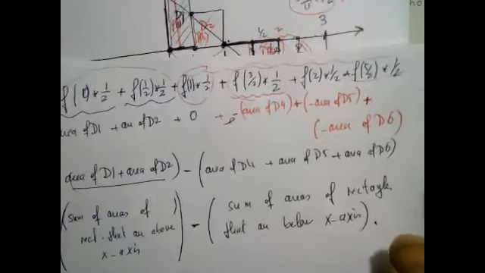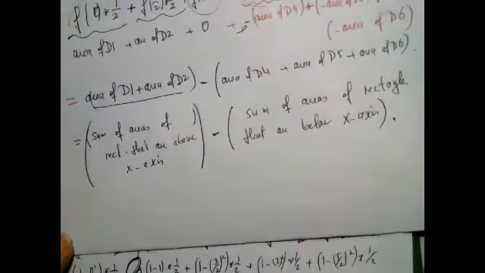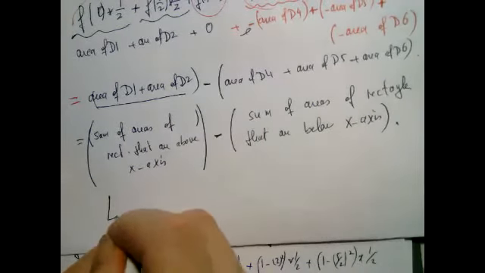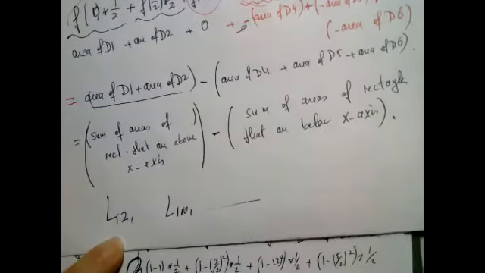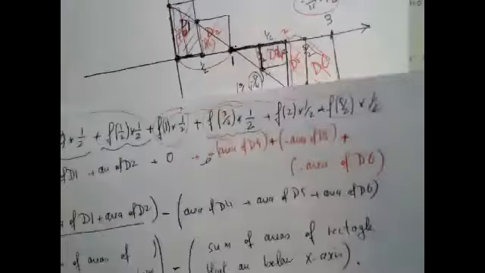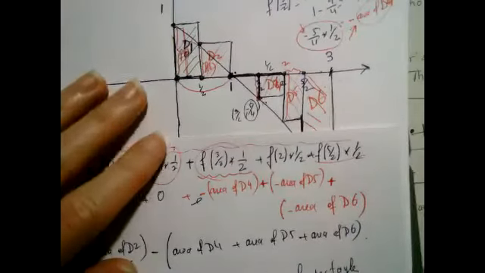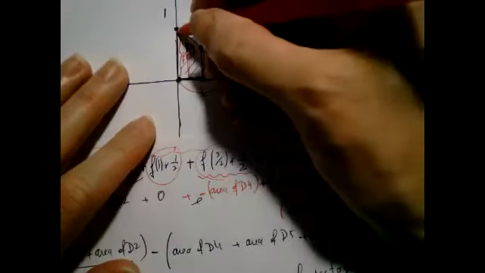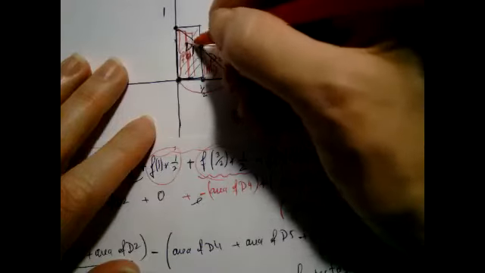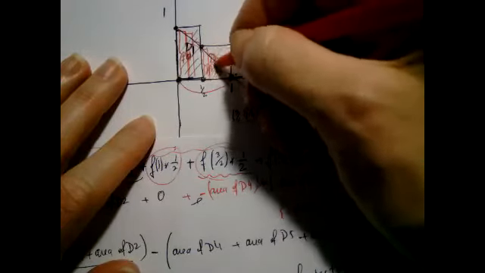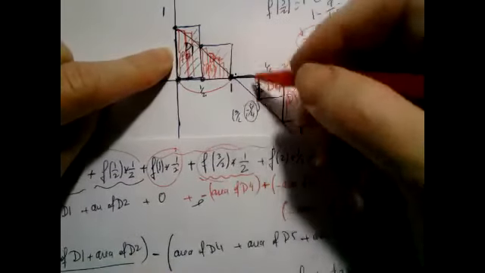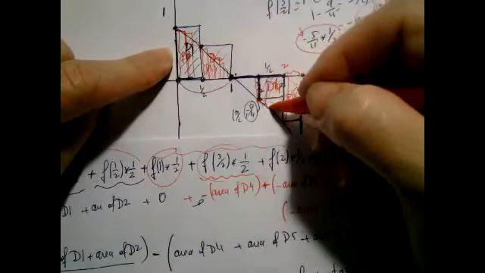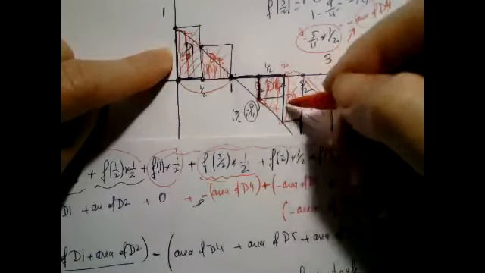Now, the same way I did L6, I can start doing longer subdivisions, L12, L100, and so on and so forth. As I take more and more subdivisions, intuitively, I'm going to cover more of the area of the part above the x-axis and more of the area below the x-axis.